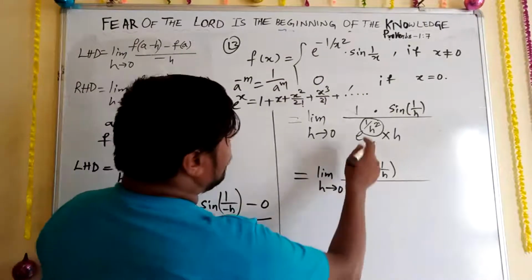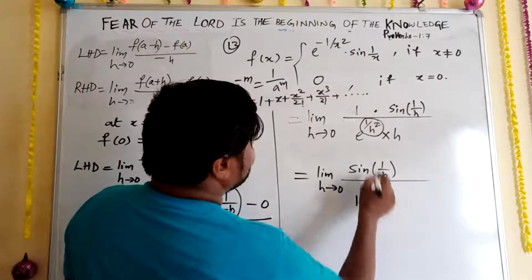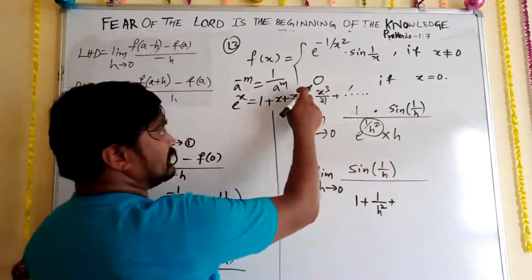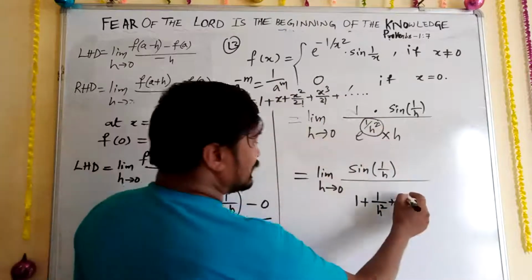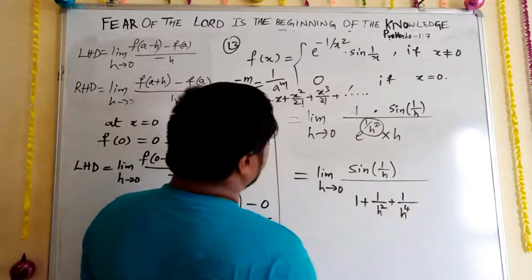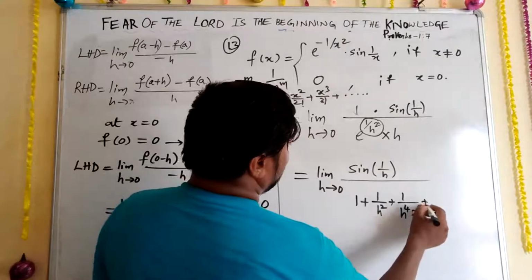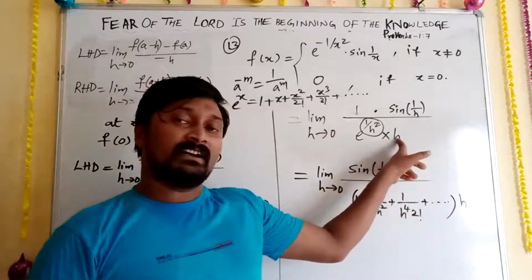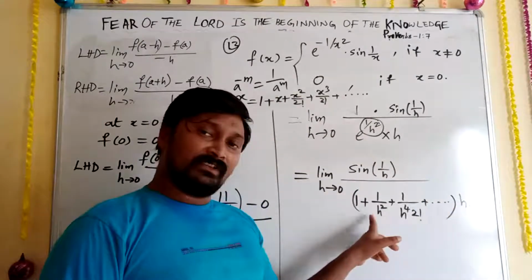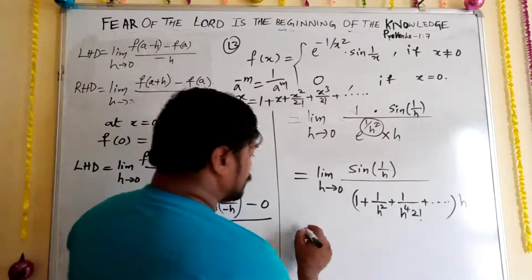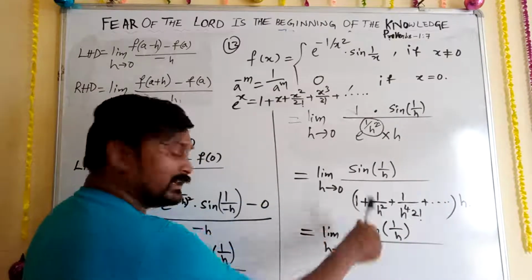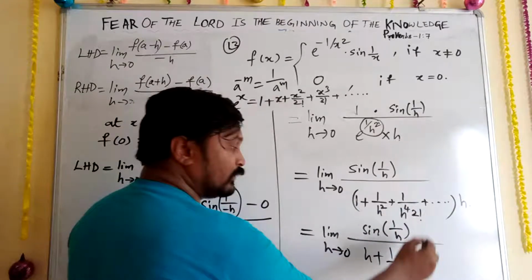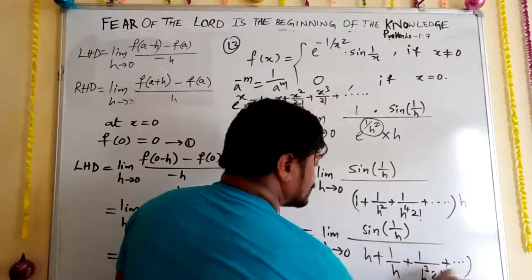So now here we can write 1 plus 1 upon h square plus, then x square, whole square, means we can write 1 upon h power 4 into 2 factorial plus and so on, into h. So h is here. Send this h inside, then you multiply each and every term with h. So what will happen? h into 1 is h. h upon h power 4, then you can write 1 upon h cube 2 factorial plus and so on.